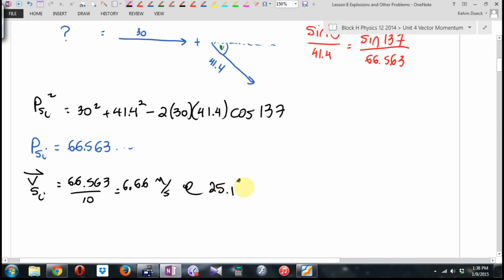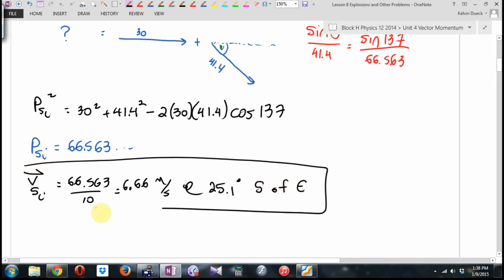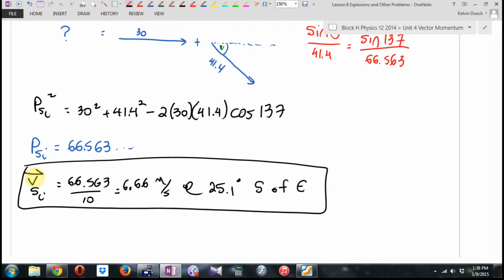What of what? That, to me, is a totally fair game B-level question for a test. Not an A level, because we didn't have to do subtraction, or the angle wasn't yucky to find, we didn't have to add extra lines or anything like that. So that's totally fair game.